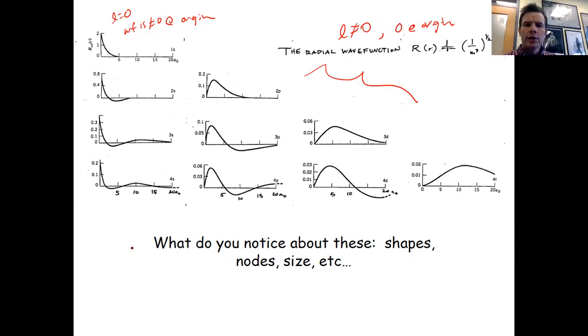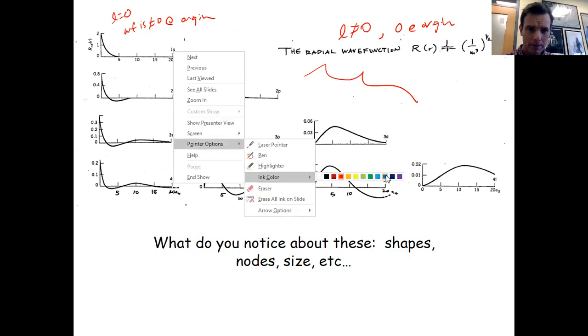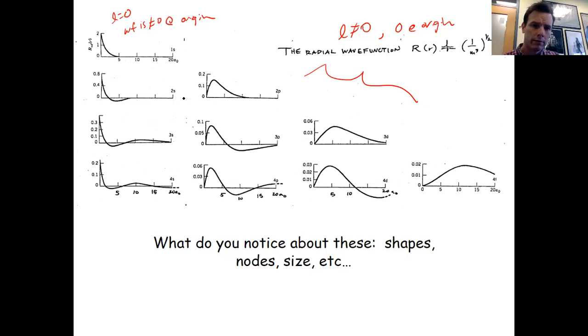The other thing you should start to look at when you see wave functions is nodes, and you can start to count these out. I'm going to switch my pen color here. This one, no nodes. This one, 1 node.